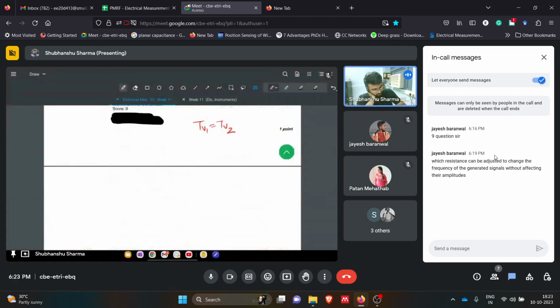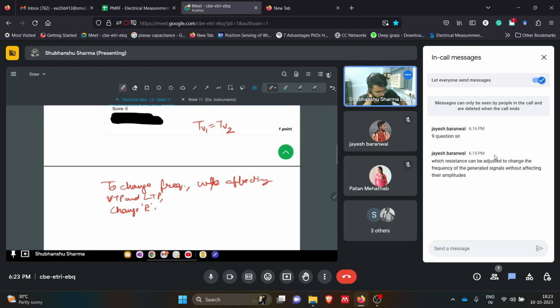So I will write it down. To change frequency without affecting the voltage, UTP and LTP, change R. Not R1 and R2.